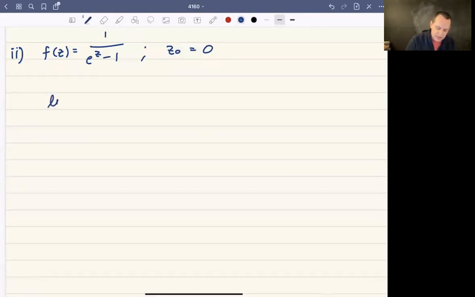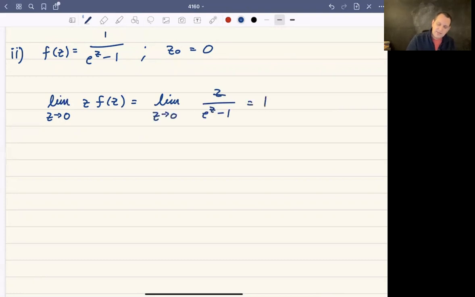But it turns out that all you have to do is multiply by z, and what's going to happen is you're going to get the limit of z over e^z - 1. That's going to exist and not be equal to 0, and therefore this is a pole of order 1.